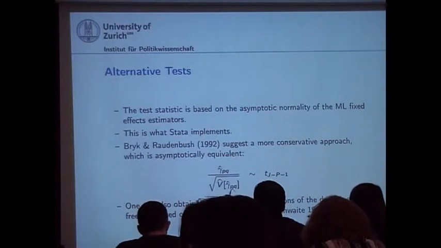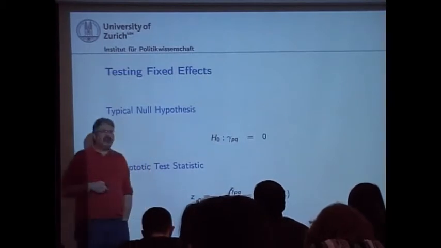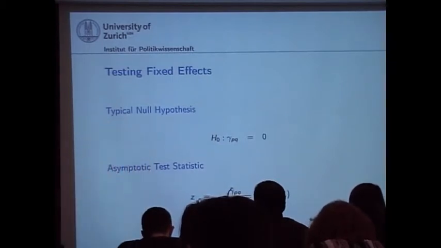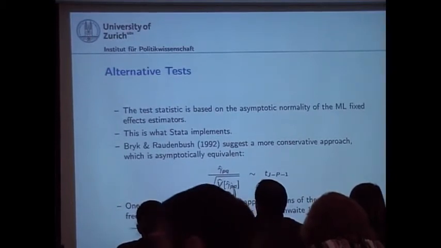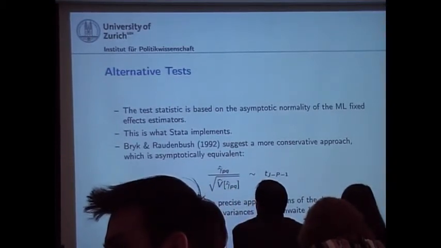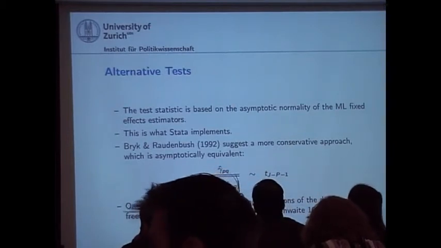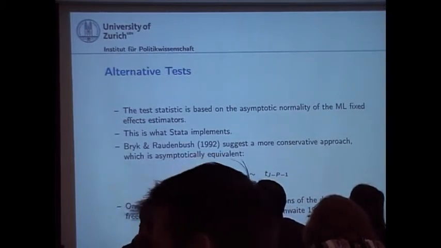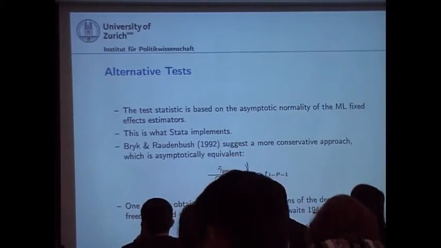But the idea is simply to use this, and that may be a little bit too optimistic in terms of p-values, but probably not that optimistic, because the t-distribution converges to a standard normal distribution very quickly. Even if your J is say 30 or 40, you're probably already pretty close to standard normal.